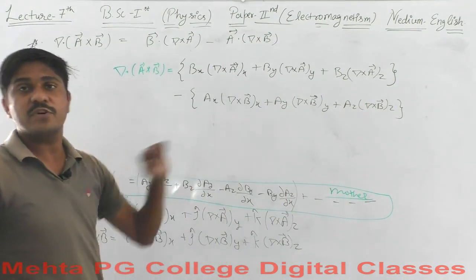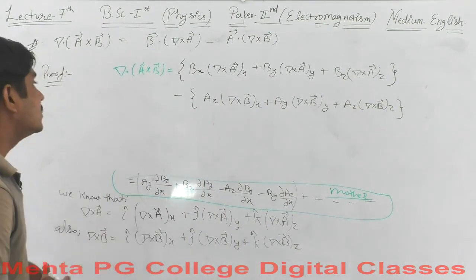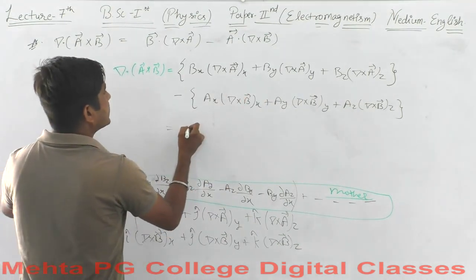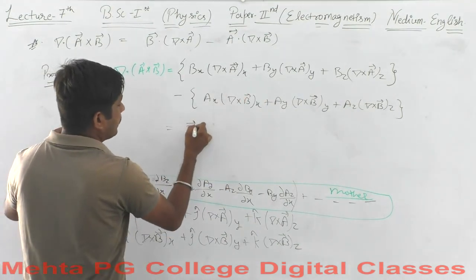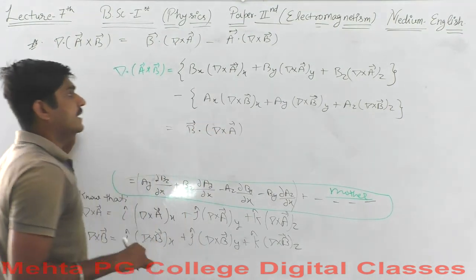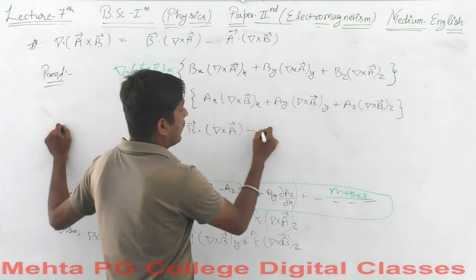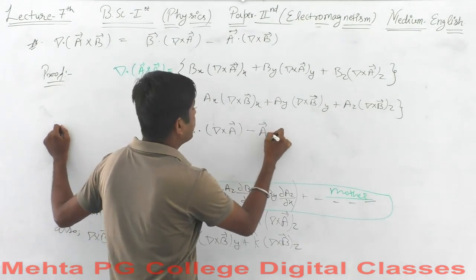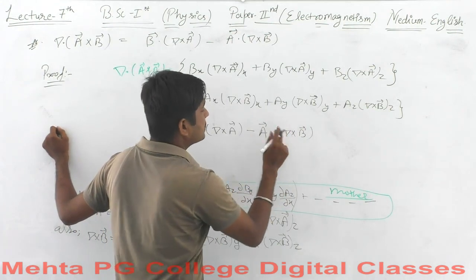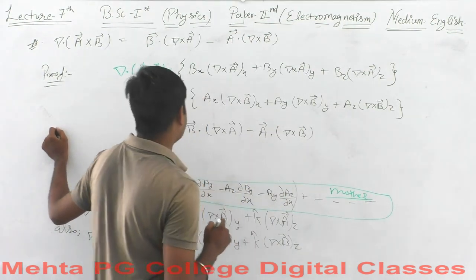So this is the component form of our solution. So what does this equal to? This will equal B vector dot del cross A vector, minus A vector dot del cross B vector.